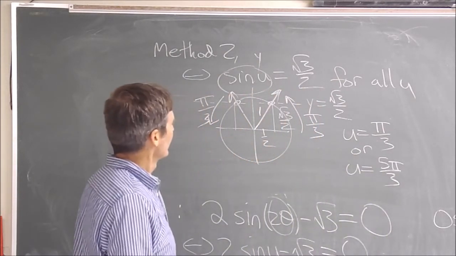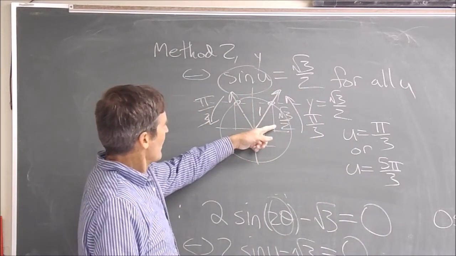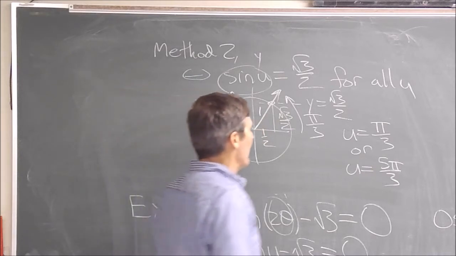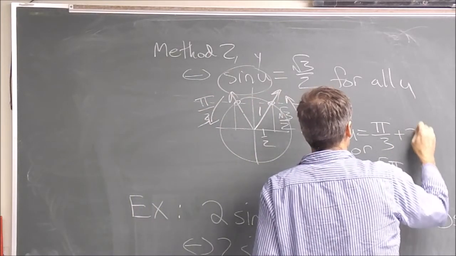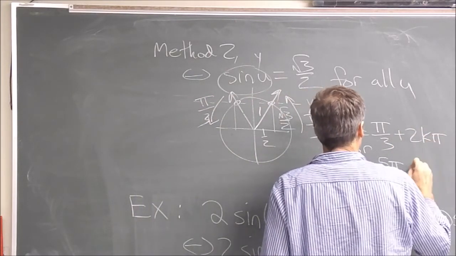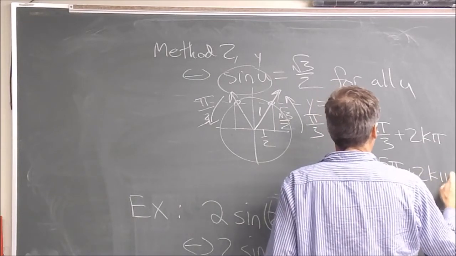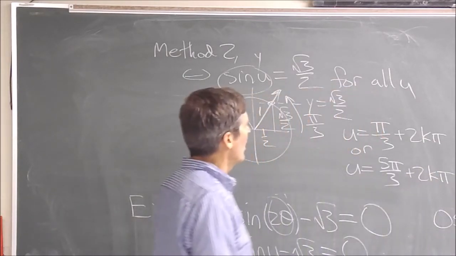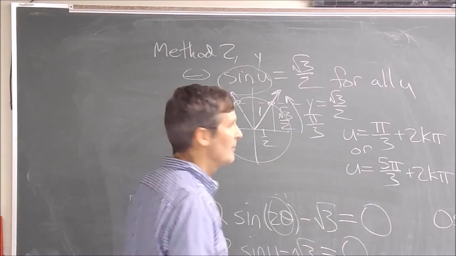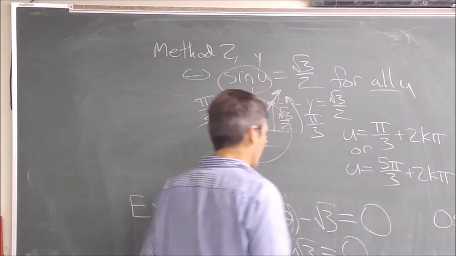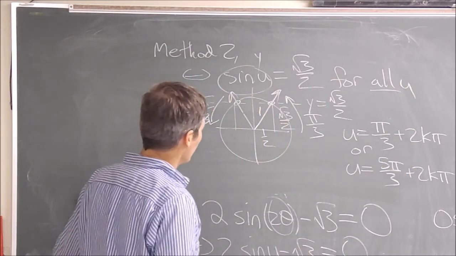Now, I can add any multiple of 2 pi to each, right? K whole rotations is 2k pi. And those are all solutions u. But I want to restrict theta between 0 and 2 pi.